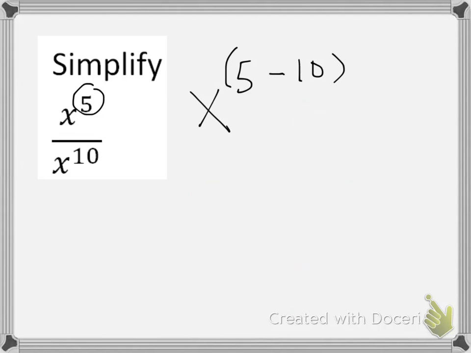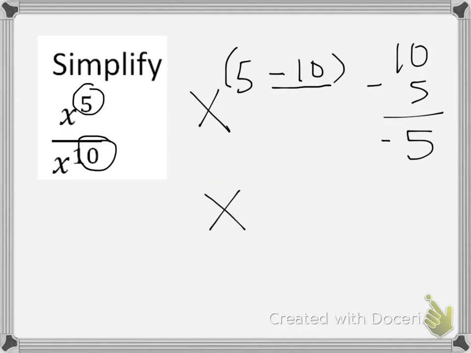All you're doing is subtracting the exponents. So what's 5 minus 10? You can go back to your integer operations. It's going to be more negative. So it's 10 minus 5, which is 5. So your result will be a negative 5, because we know the operation is going to be negative. So it'll be x to the negative 5th power.